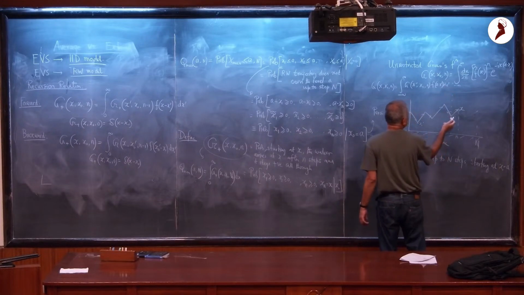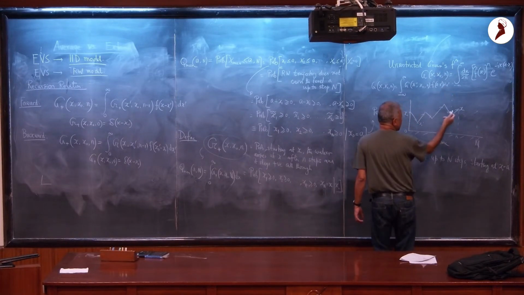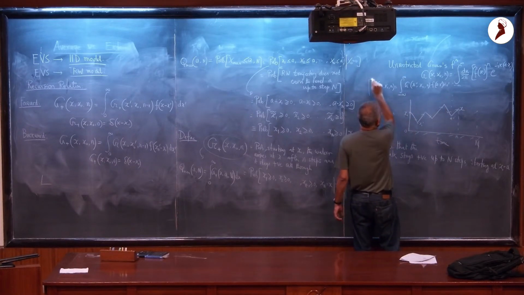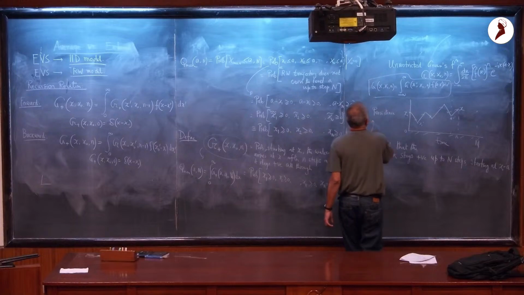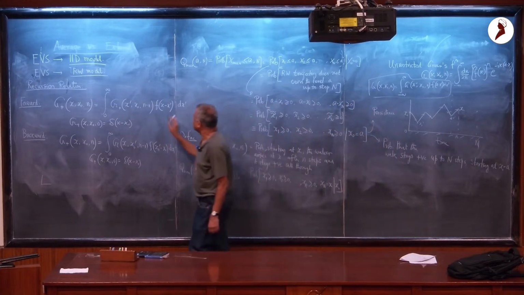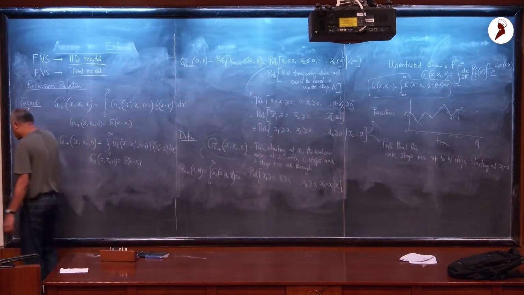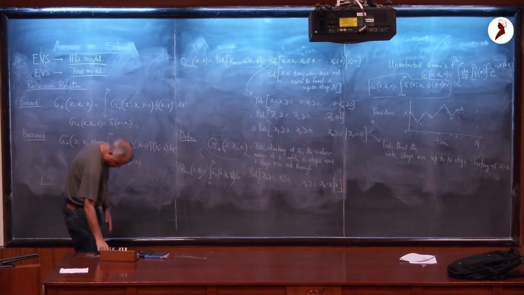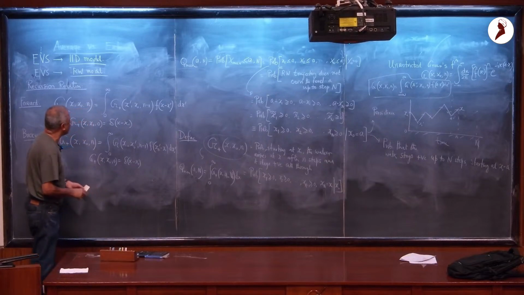Because in the free case there's no restriction on x prime, it can be anywhere from minus infinity to plus infinity. So the only difference is that now my integral over x prime goes from 0 to infinity. But this is a big difference because it screws up the whole problem, and the problem is extremely hard.